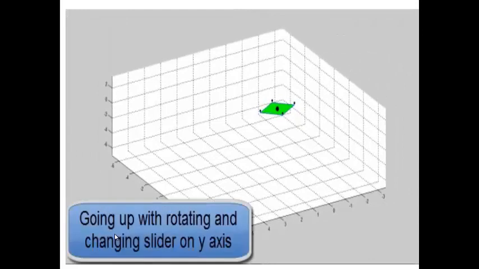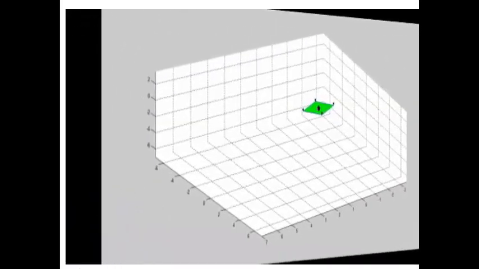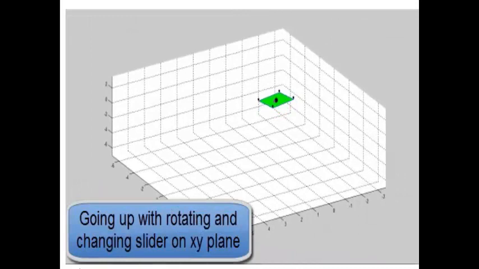But what about this? We go up with rotating on y-axis and we can see this change on xy plane. It is very amazing with changing slider on xy plane.